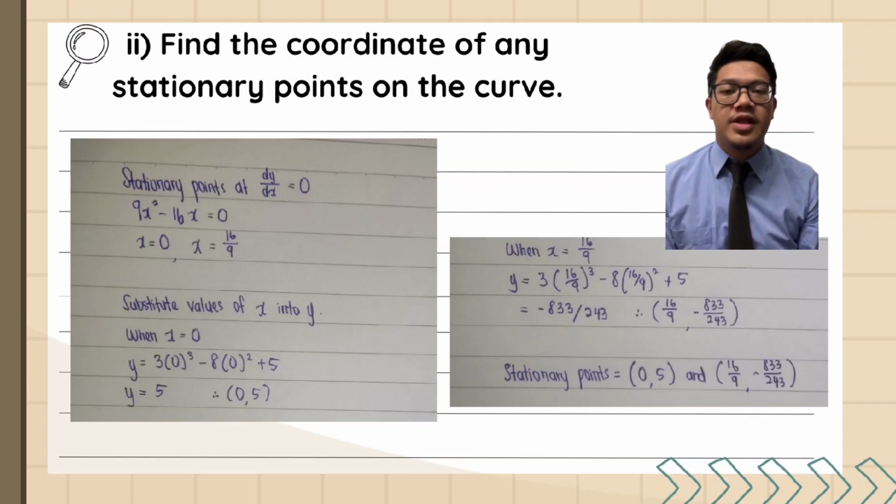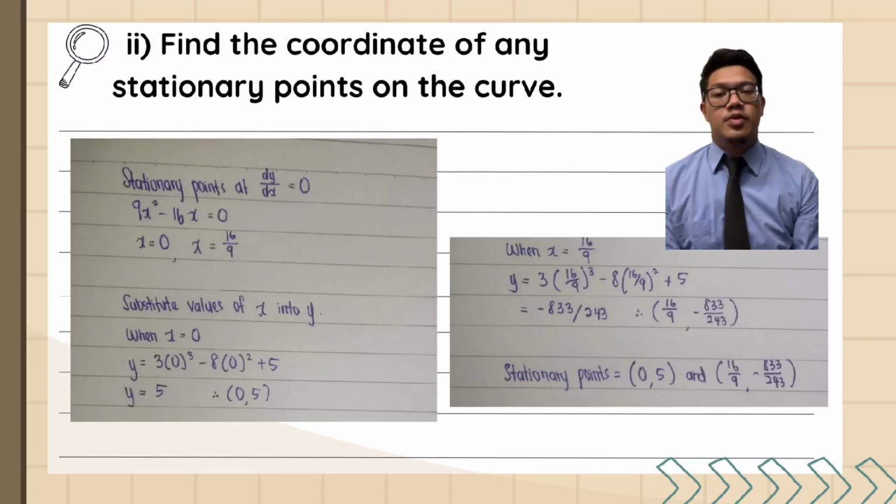Next question is find the coordinate of any stationary point on the curve. As we know, the stationary point or turning point is at dy over dx equal to 0. So we factorize the equation to get the value of x, which is 0 and 16 over 9.